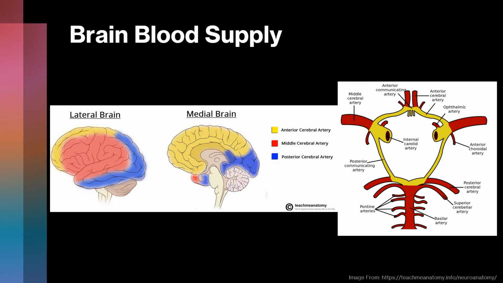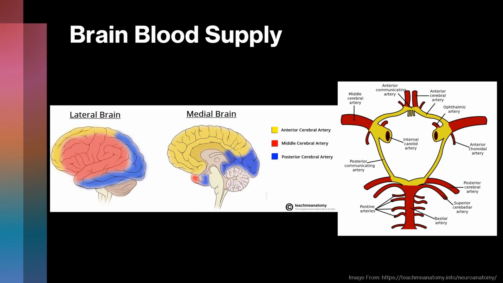But before we look at the strokes, we're just going to have a quick look at the brain blood supply, as this can help orientate yourself to the different symptoms and the different areas of the brain that could be affected by different infarcts. Teach Me Anatomy is a really useful resource, and here we can see the different areas on the left supplied by the different arteries, and on the right is the circle of Willis.